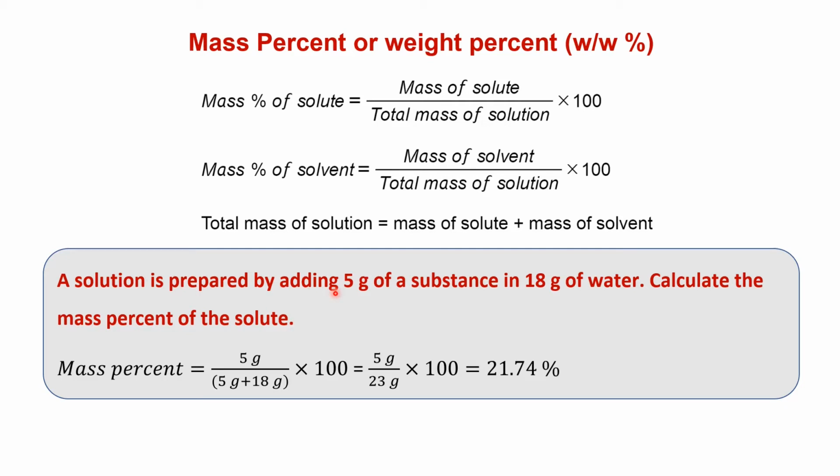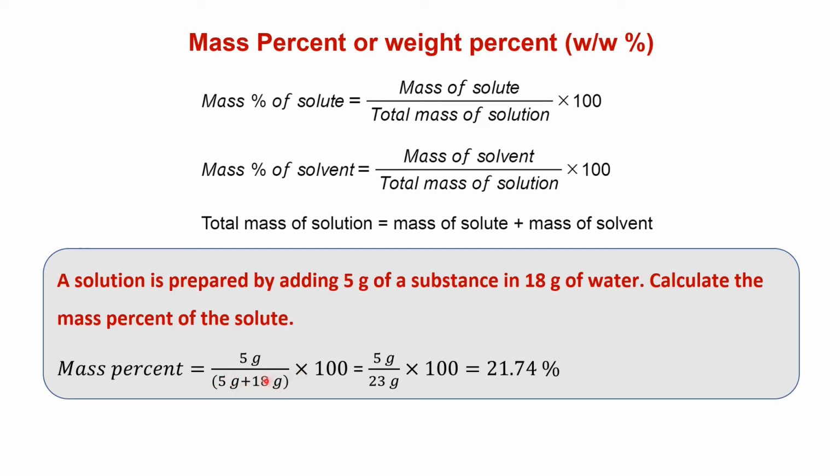Let's see an example related to this. A solution is prepared by adding 5 grams of a substance in 18 grams of water. Calculate the mass percent of the solute. So here the mass of solute is given, the mass of solvent is given, and we need to calculate the mass percent of solute. So we will use this formula. Mass percent of solute would be equal to mass of solute divided by total mass of solution.